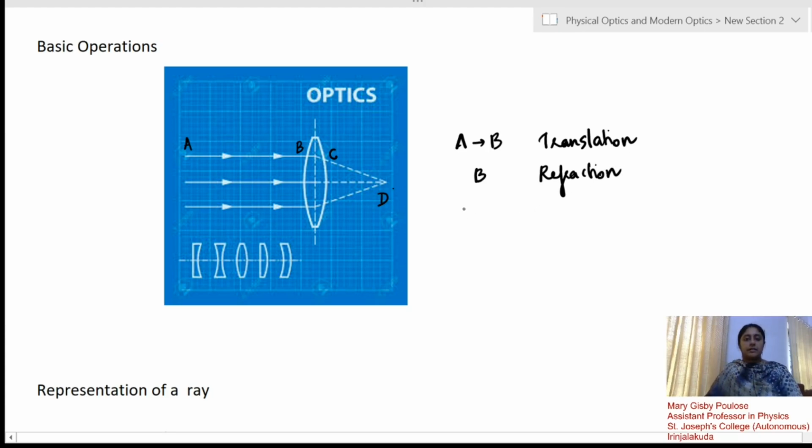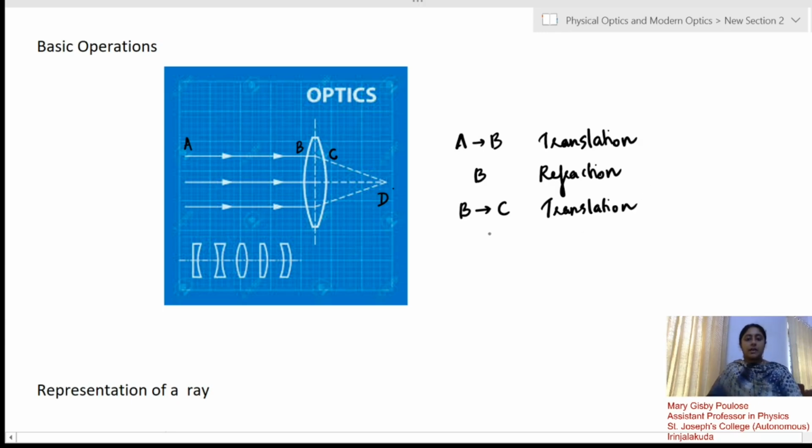Now from B to C, light is traveling through the lens of a constant refractive index. If it's a glass lens, the refractive index will be around 1.5. So it is a homogeneous medium. Again, light will undergo translation.